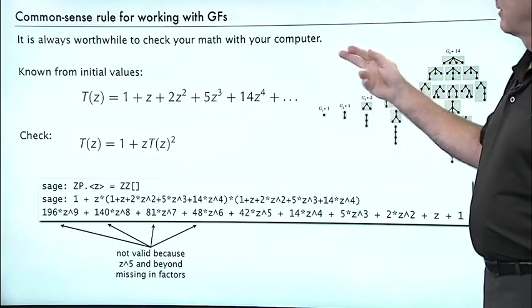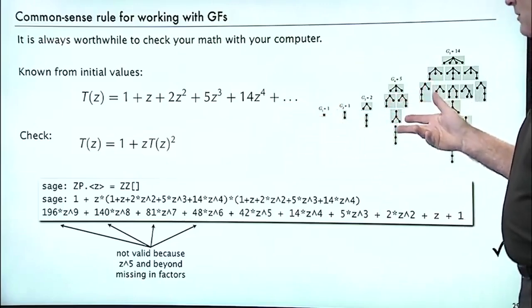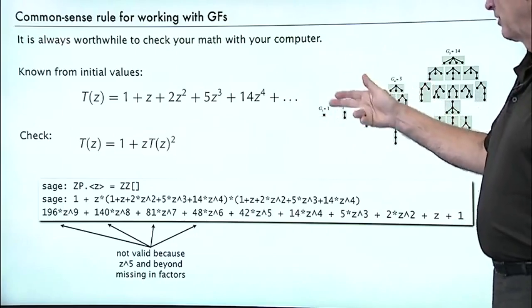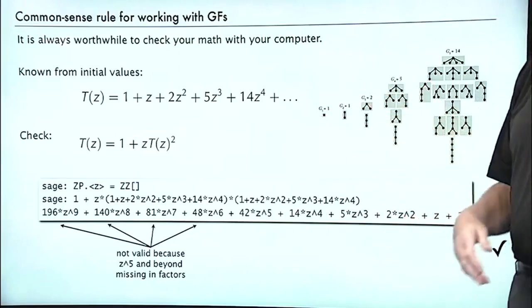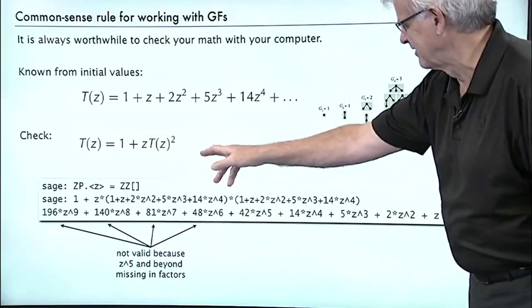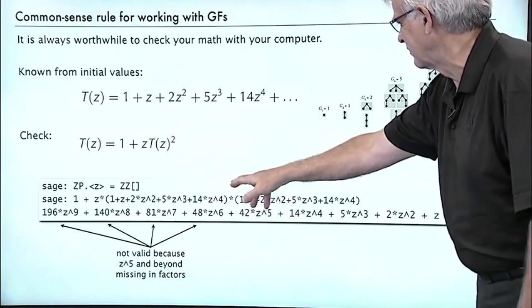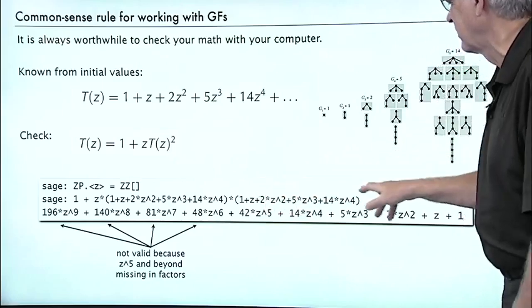Before we go any further, we might want to check that this equation that we have really holds. And you can do it in pencil and paper, or you can use a symbolic math system, and you can see that if you take 1 plus z times 1 plus z squared and so forth, I just took it out to 4 terms here, the ones that we know.